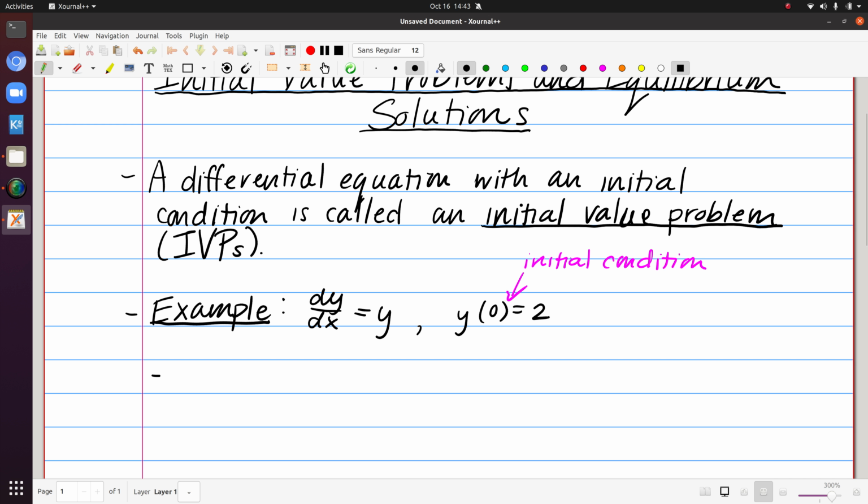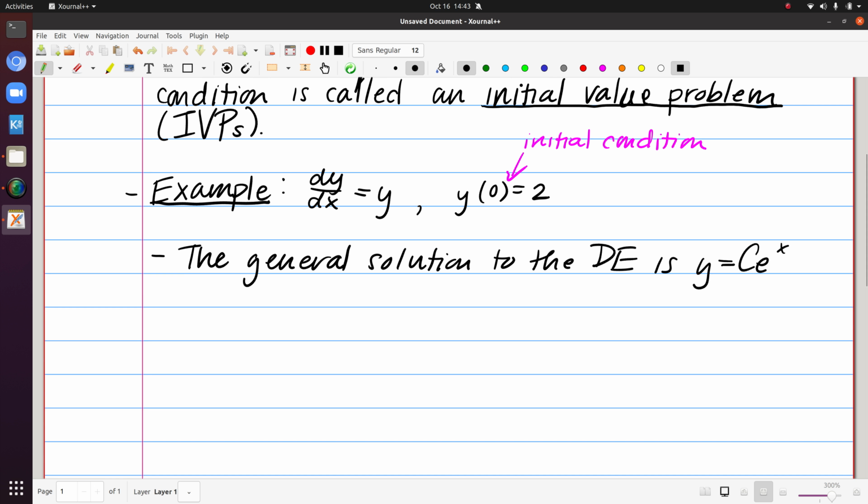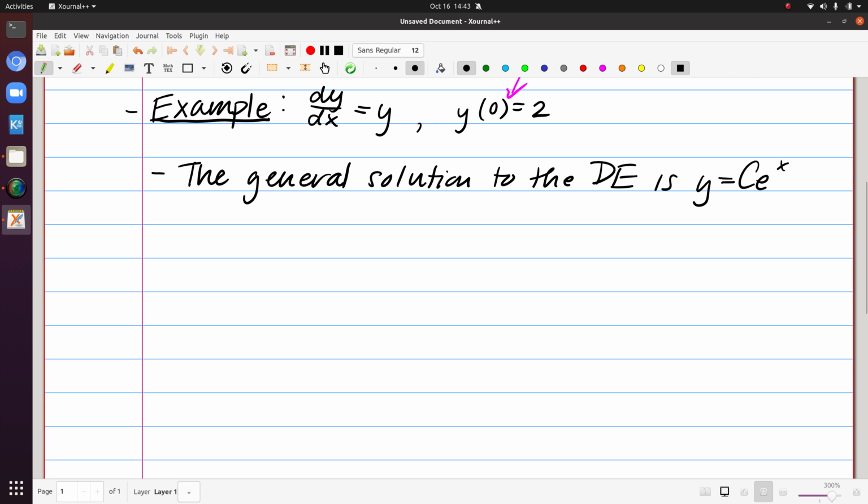So the general solution to the differential equation, as we observed in the previous video, is the function y equals c e to the x. And if you think about that type of function, if I were to graph, say, just 1 e to the x, we could have that.